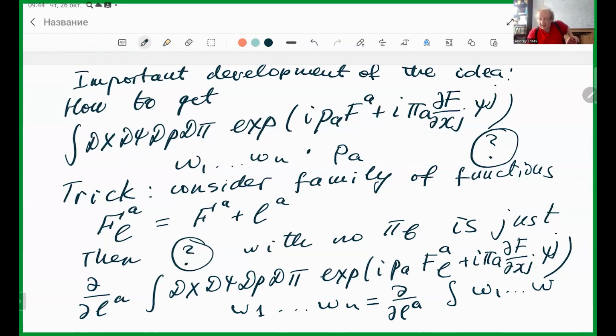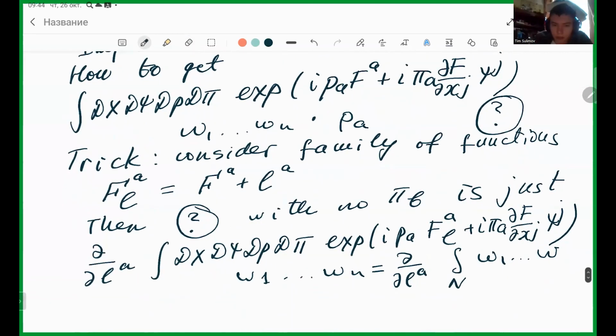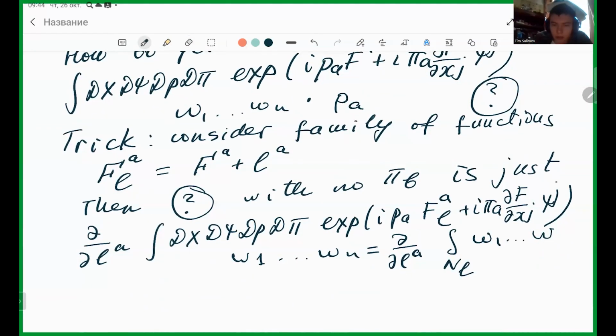So the idea is to write it down like this. Then where is PA at the bottom? You see, that's what I'm doing. So I can get PA by taking derivative with respect to L of F A L. All right.